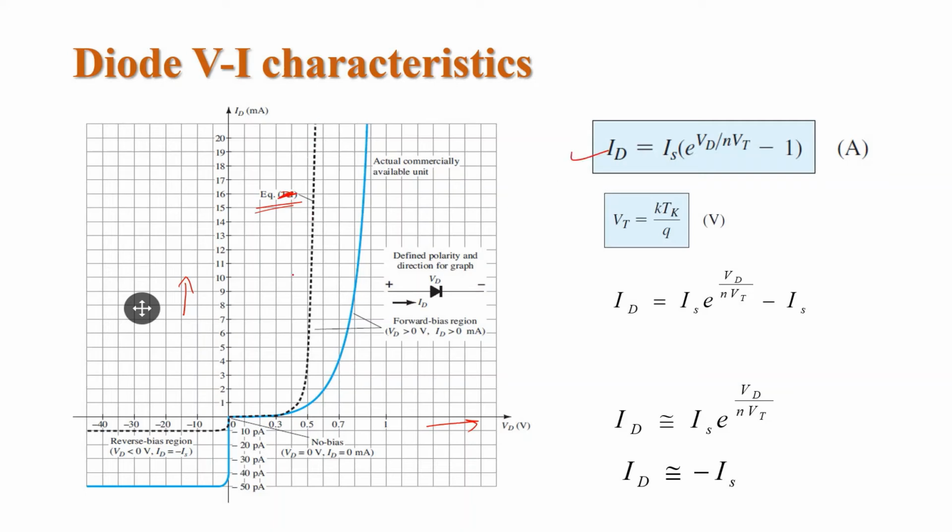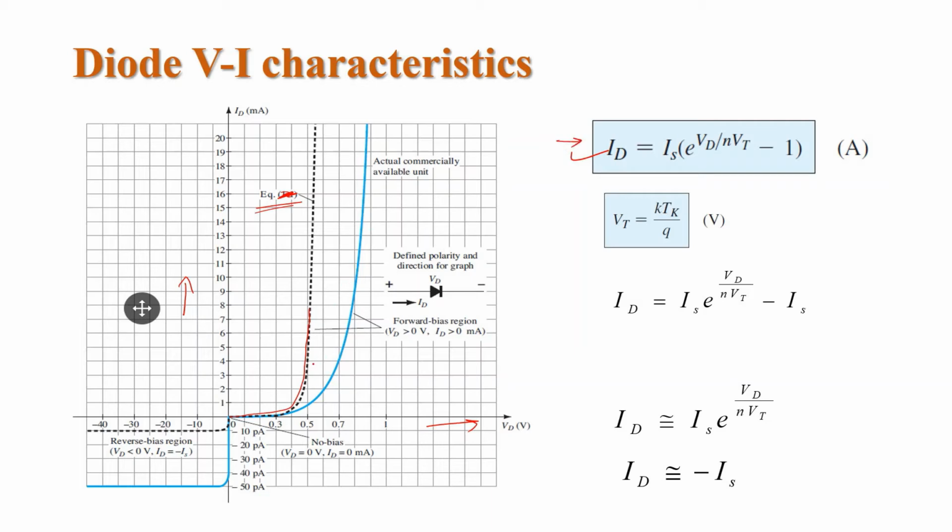In this region, when VD is greater than 0, all these dashed points represent the forward bias characteristics of the PN junction diode according to this diode equation.